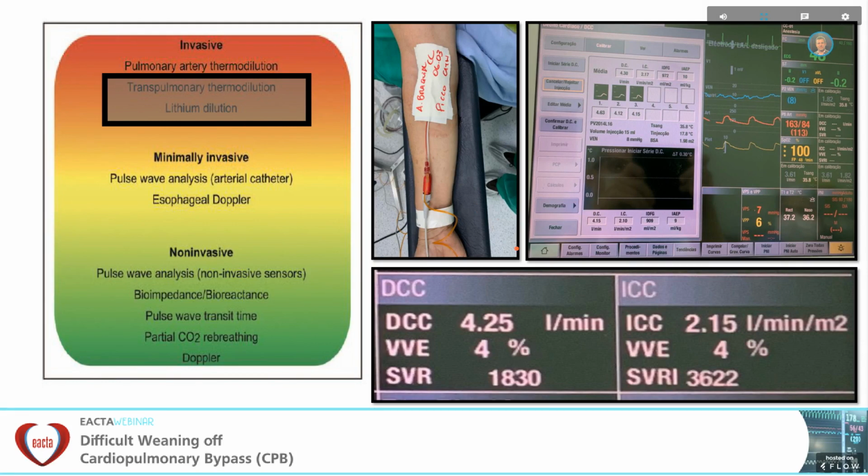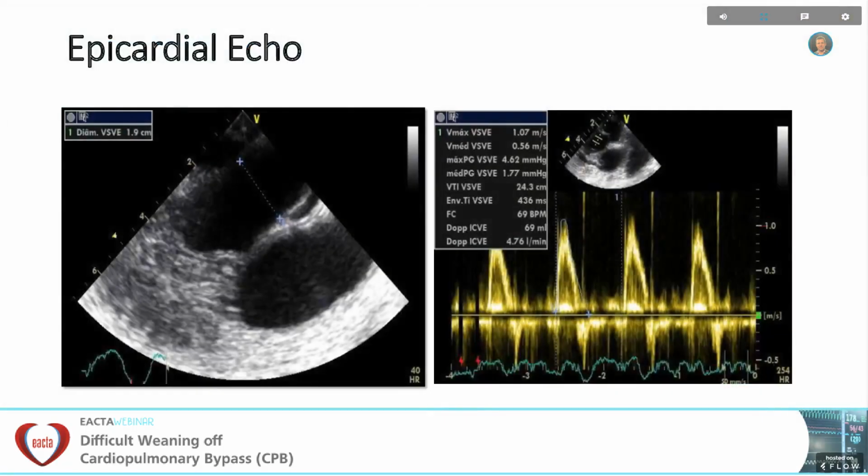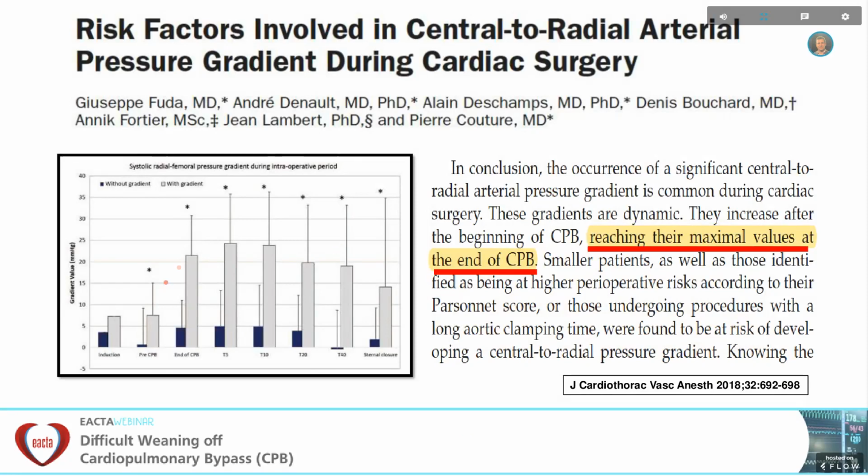the PiCCO catheter. It has a good correlation before cardiopulmonary bypass, as we see here when we compare it using epicardial echocardiography, but the problem is during weaning off CPB, you have some disagreement between the measurement of the central pressure and the measurement of the peripheral pressure.